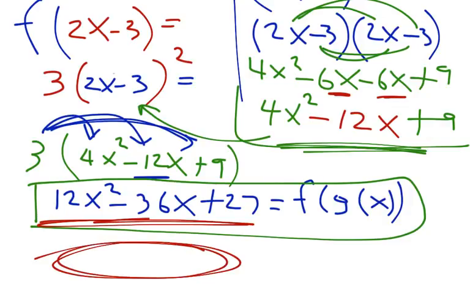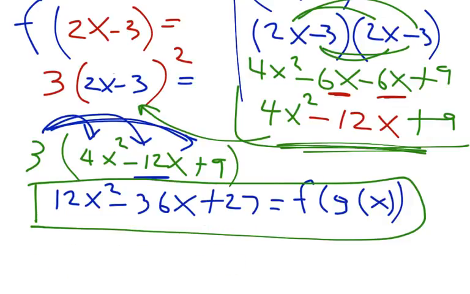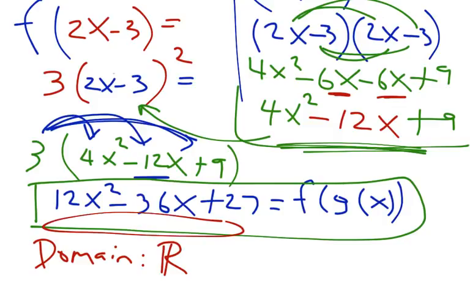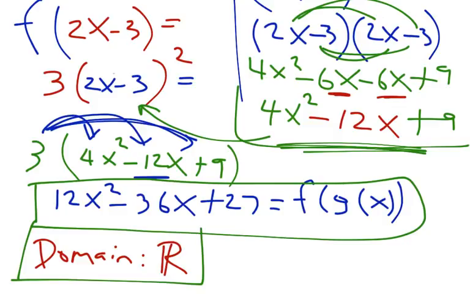Therefore, when you're doing domain, you always start with the set of real numbers. If there's something dividing, that will be your exception. In my case, there's no dividing and there are no radicals. Therefore, the domain is the set of all real numbers. And that's composition of functions.